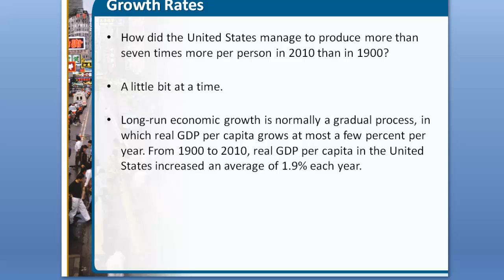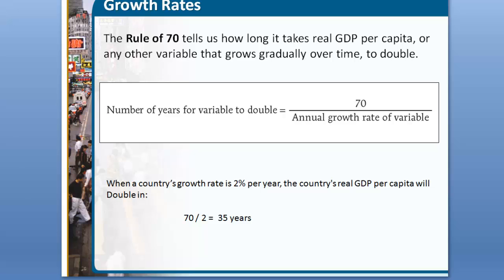Long-run growth is normally a gradual process in which real GDP per capita grows at most a few percent per year. From 1900 to 1910, real GDP per capita in the United States increased an average of 1.9% each year. The Rule of 70 tells us how long it takes real GDP per capita, or any other variable that grows gradually over time, to double.